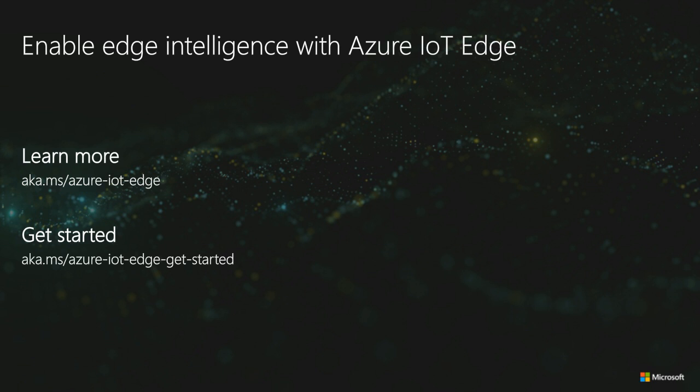IoT Edge is a runtime running on a device that will allow you to control software running on that device from the cloud through IoT Hub. The runtime is what runs on the device itself. The modules are software entities that are running on an edge device and they are configured from the cloud through IoT Hub. So we have way more documentation.